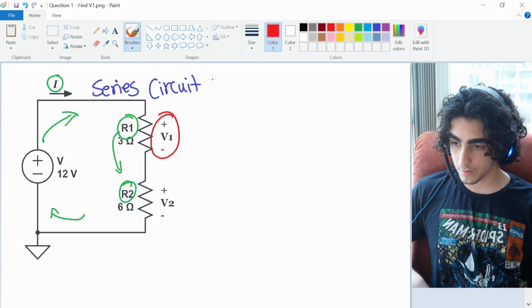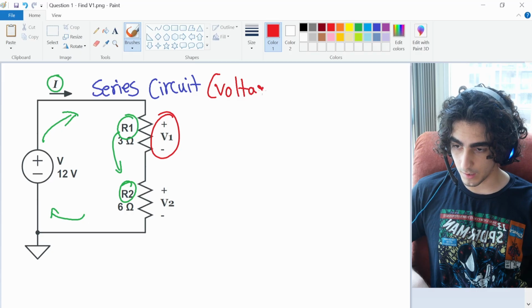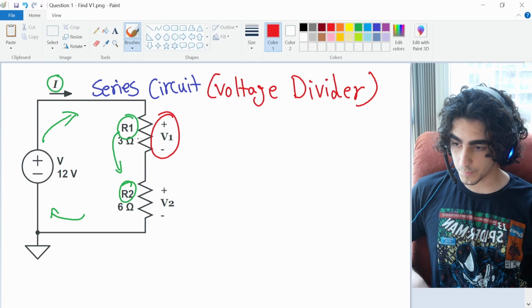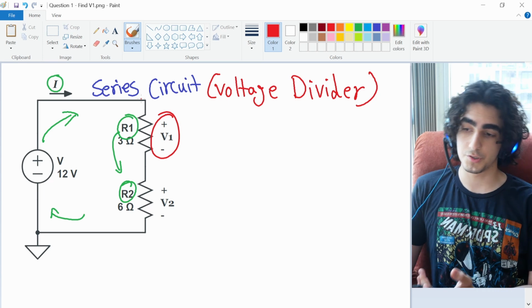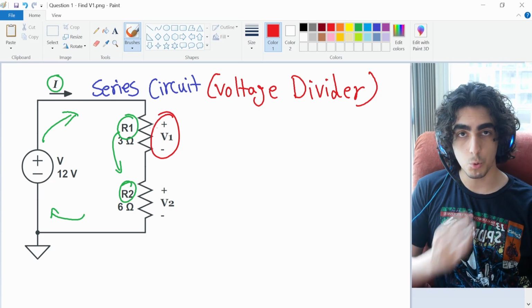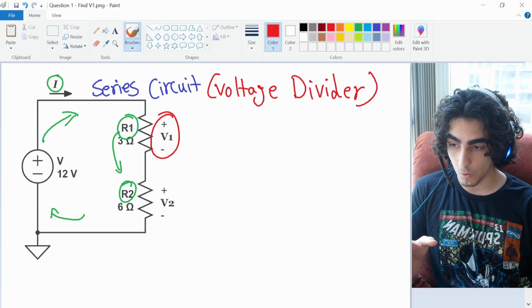So another name for this circuit is a voltage divider. And again, that's because as the voltage goes through each resistor, the voltage drops. So that's why we need to find V1, aka the voltage drop across R1.